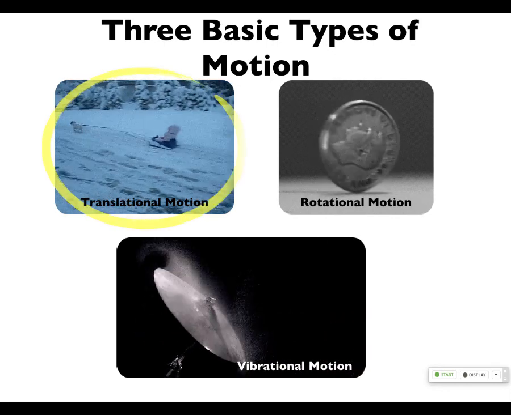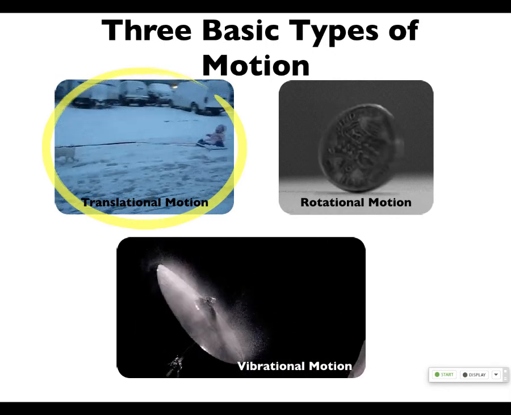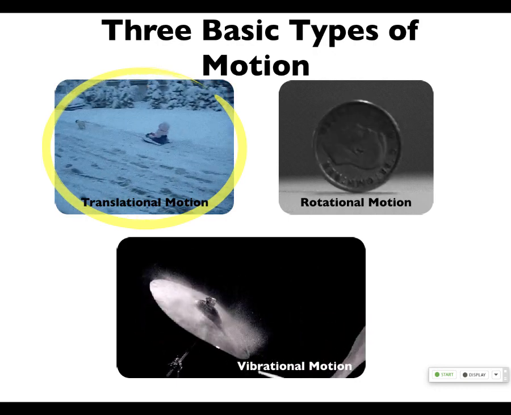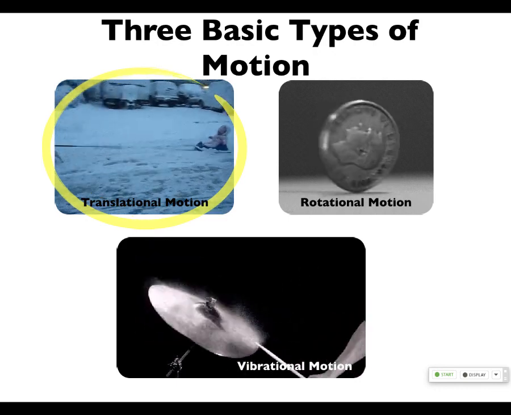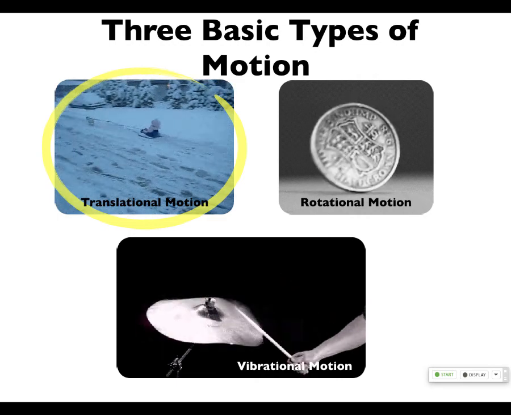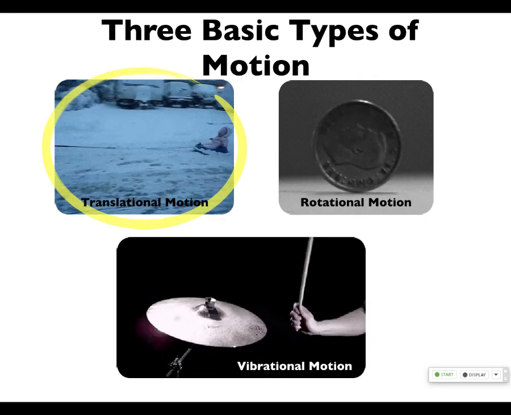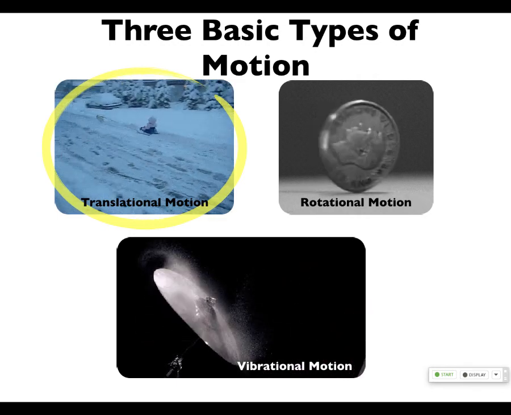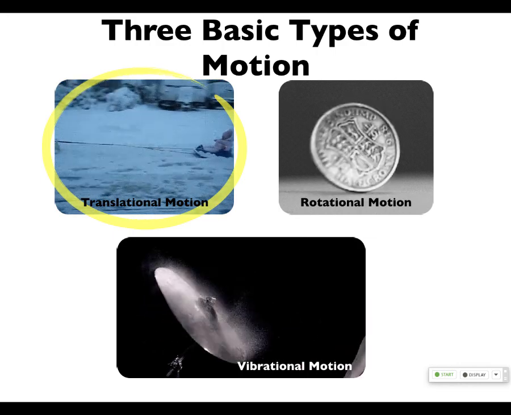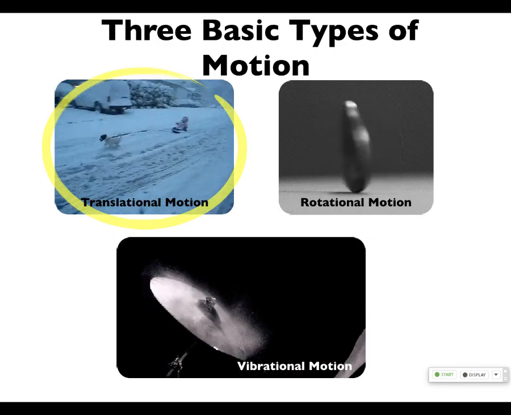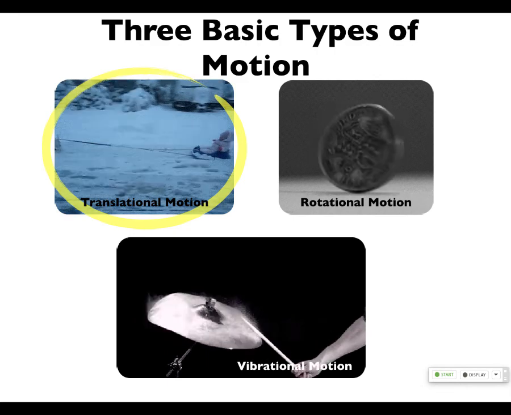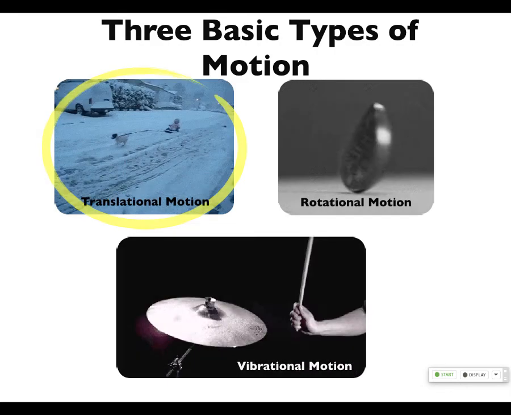We're mostly going to start by talking about translational motion. Then later in this class, when we start talking about torque and moment of inertia, things like that, that will be rotational motion. And we don't talk too much about vibration, but we will talk a little bit about it when we get into simple harmonic motion, which is stuff that oscillates. So we're going to start with translational motion.